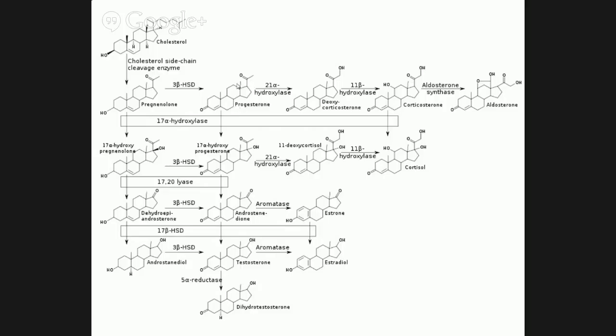So when I talked about progesterone, the hormone that's being released from the follicles causing the secretory phase in the uterine cycle, that's it right there. It's chemically not very removed from cholesterol. I'm assuming that cholesterol side chain cleavage enzyme is one chemical step, and then the other one there is a second chemical step, and we get to the progesterone.